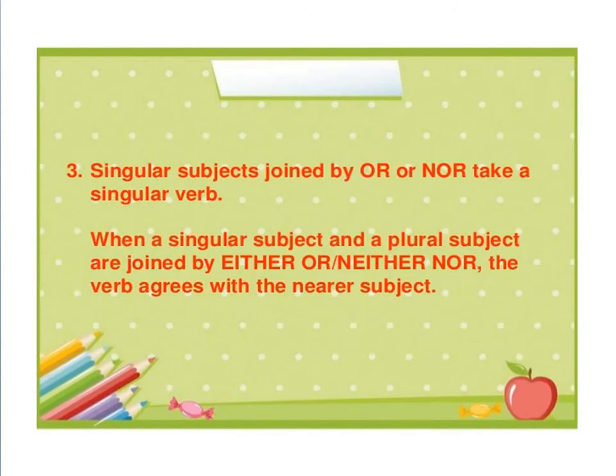The third rule is that singular subjects joined by or or nor take a singular verb. When a singular subject and a plural subject are joined by either or, neither nor, the verb agrees with the nearer subject. So if we have two or more subjects joined by either or neither, the verb agrees with the nearer subject.